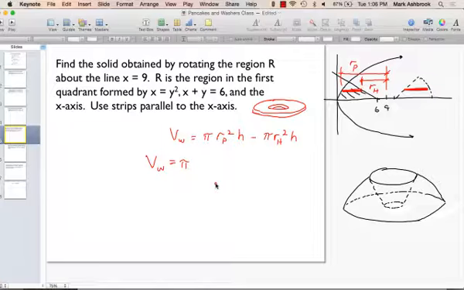Plan it out. Disc washers, so outside radius. It's always gonna be 9 minus 6. Radius.